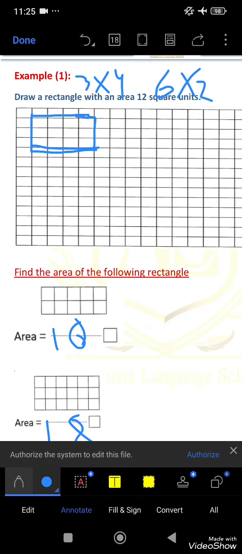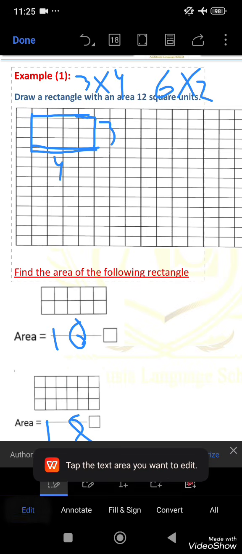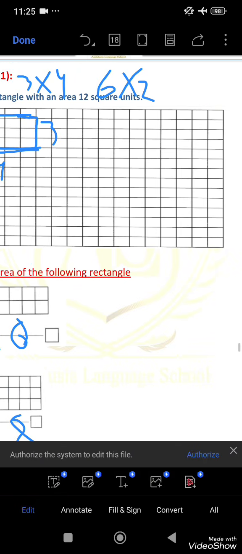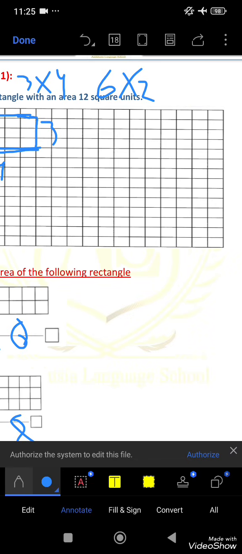Okay, let's draw another one. That one was 3 and 4. Let's make 6 times 2. 1, 2, 3, 4, 5, 6, and go down.